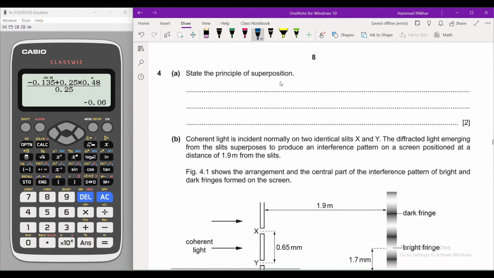So state the principle of superposition. So this is easy.